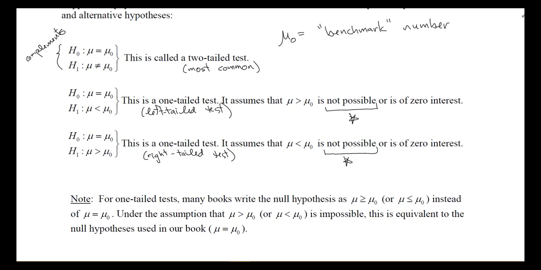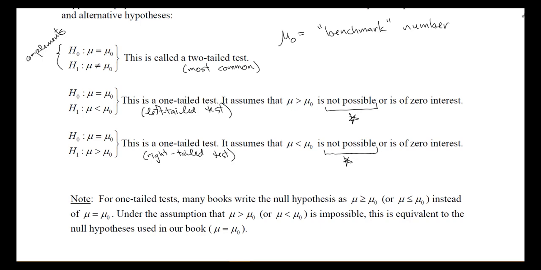But if you look at these one-tailed tests, you have to take into account for this middle one, for example, if the mu is bigger than the mu 0, well, that's not represented in either of these hypotheses. But remember how we said that that's generally used when we assume that that other direction, the mu bigger than the benchmark, is not possible. So as long as the other direction is impossible, then these are still complements.